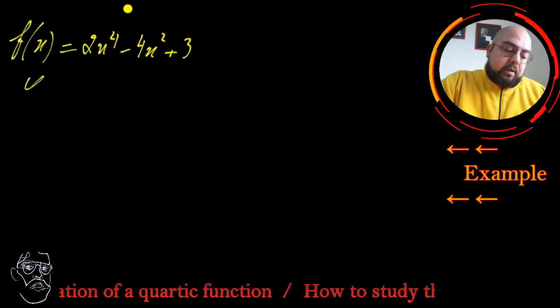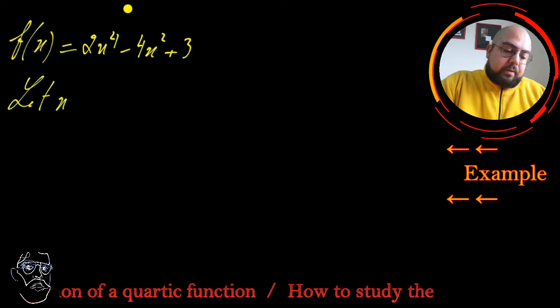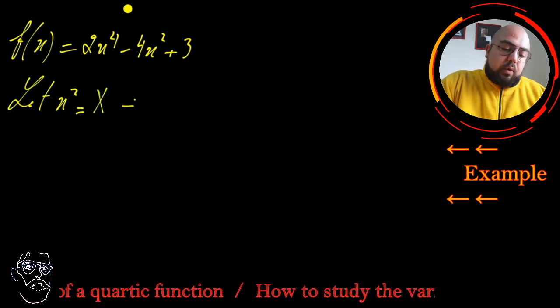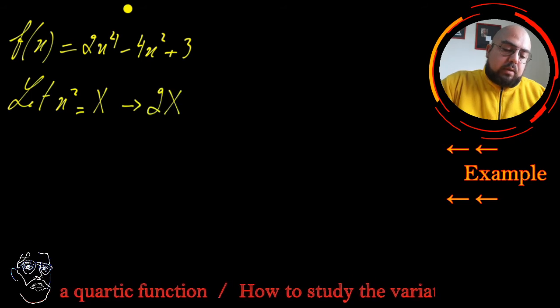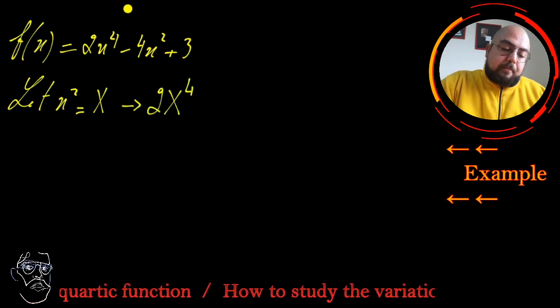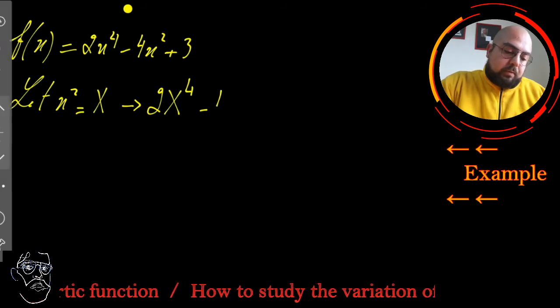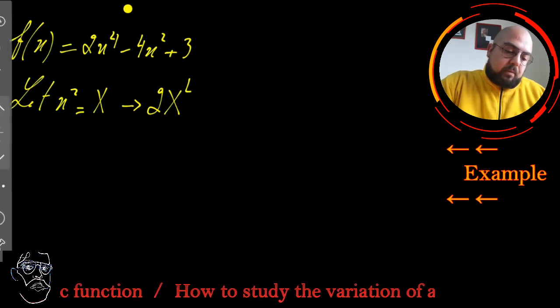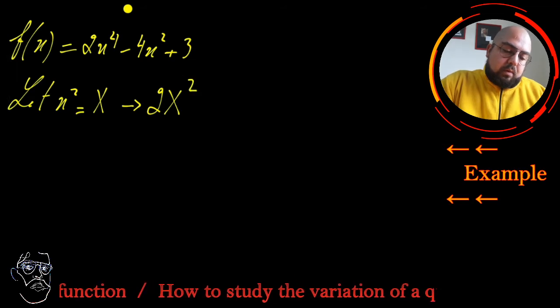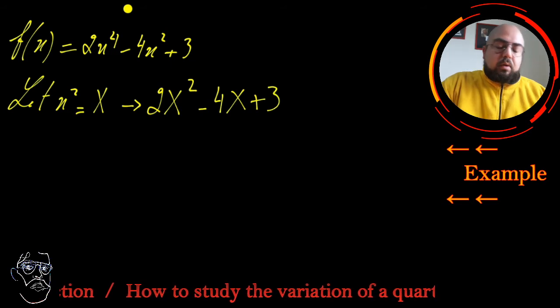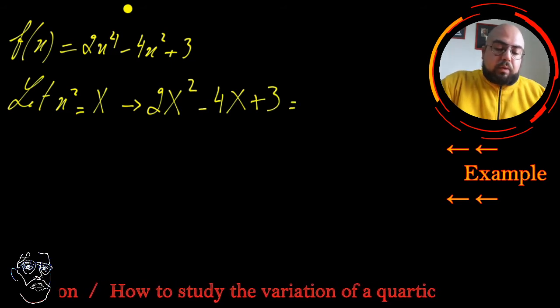You can say let x squared be equal to capital X. So your equation will be 2X^2 minus 4X plus 3, which is equal to 0.